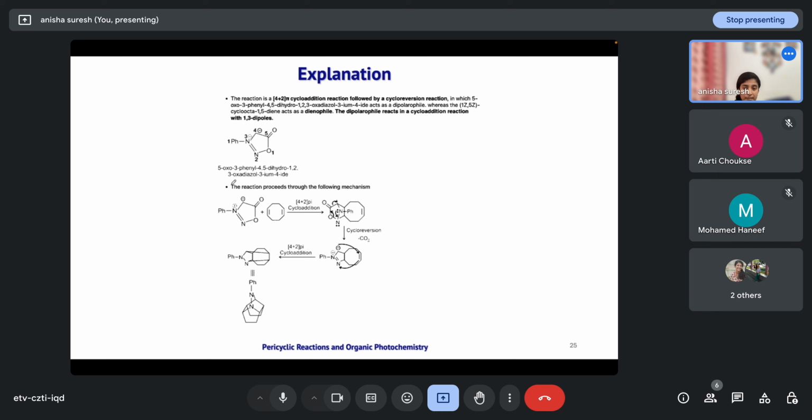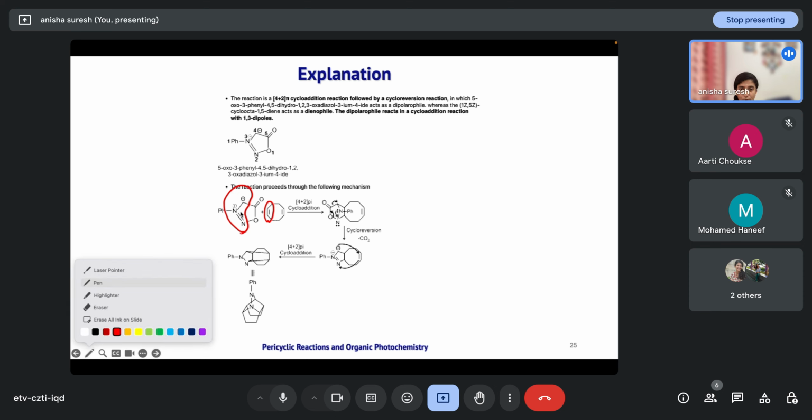So this will be the mechanism that is taking place. This is the dipole and this is the dipolarophile.